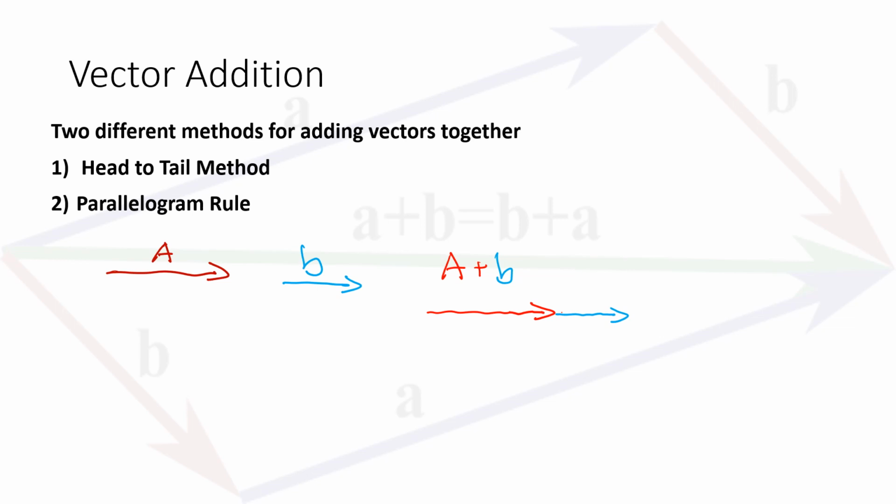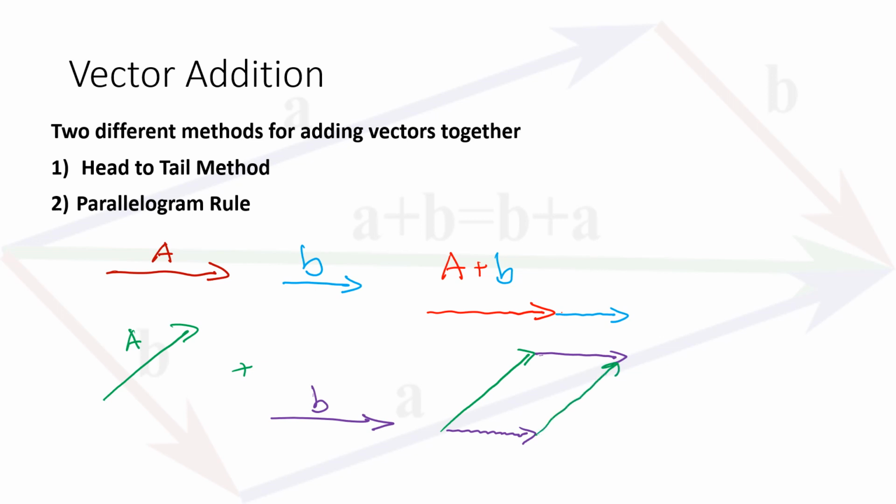The other option is to do what's called the parallelogram rule. So if we have two vectors, say we have vector A, and we want to add to that a vector B, like this, okay, we are going to take A and B, and we're going to make a parallelogram out of that. So we have A this way, and then we're going to take B and draw it from the end of A, and then we're going to take B, and also draw it where B was, and then we're going to draw A from here.